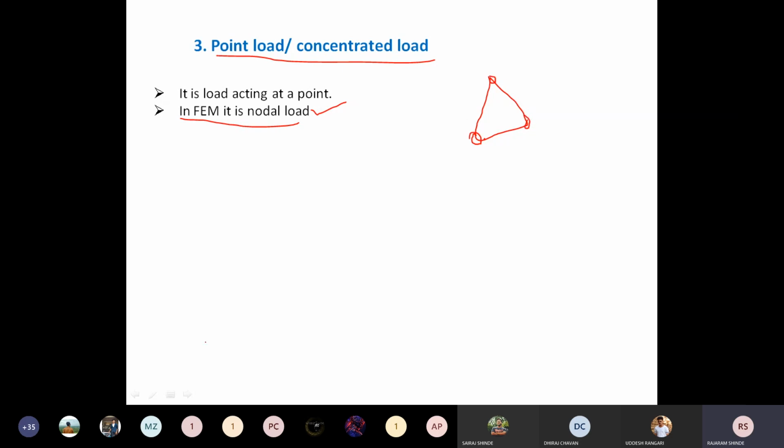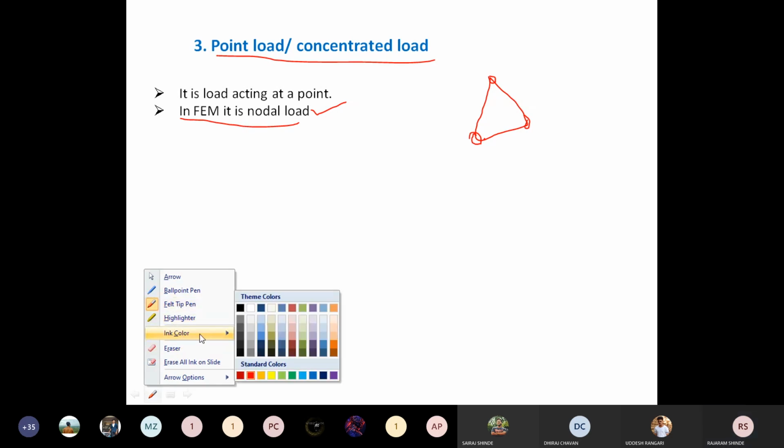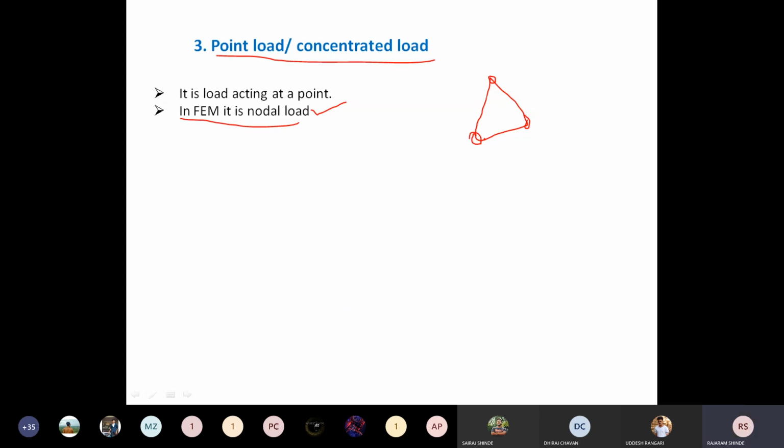If we consider a point load, then it is acting at the node. It may have x component, y component as well as z component.